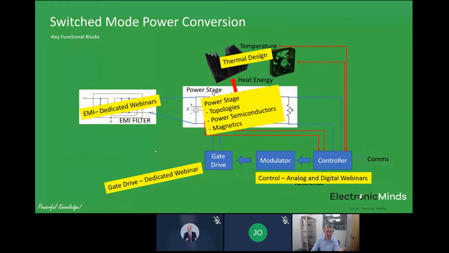We're going to have dedicated webinars on EMI, both from a theoretical side, causes of EMI, and how to design filters, but also some practical tips and tricks. If you've worked in EMI and you've been fortunate enough to have to debug a power converter that's failing EMI, you'll know that it's quite a challenging thing to do sometimes.